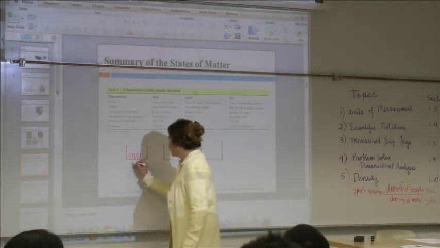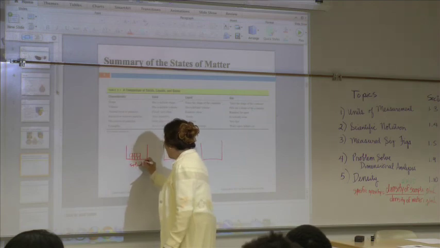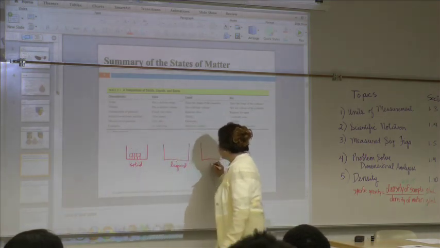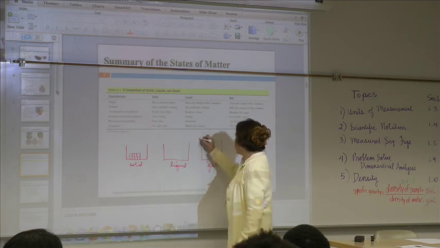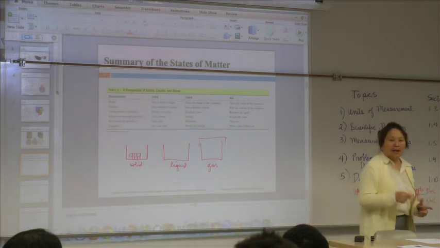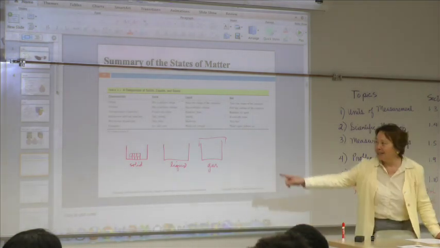Solid. Can someone draw the liquid and the gas? So for the gas, I've got to put a cover on too, right? What would happen to the block of ice when it melts? Can someone draw?